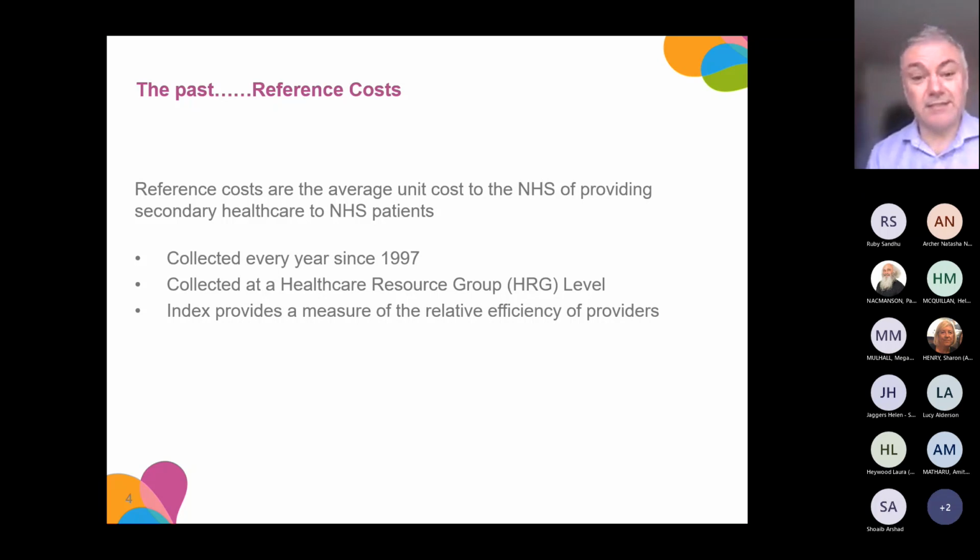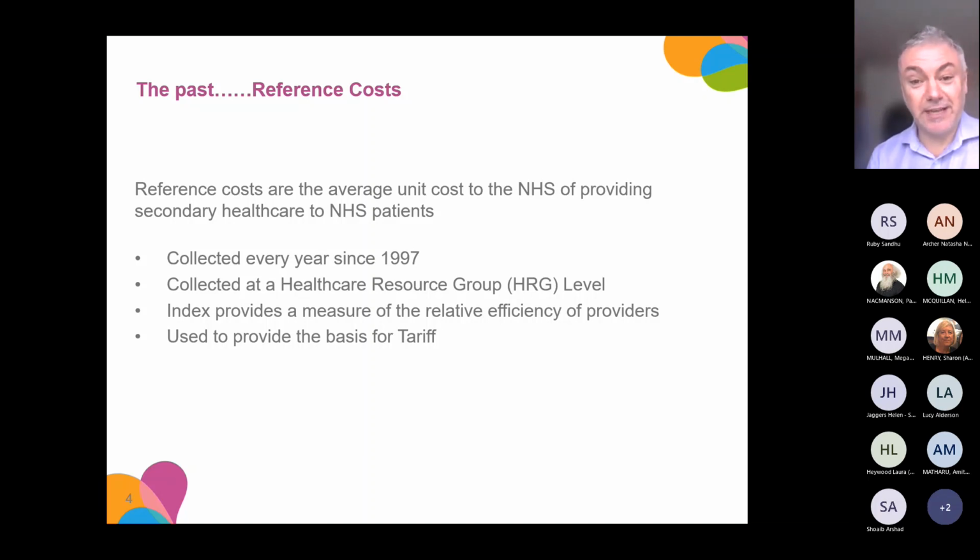But this is the sort of stuff that all goes into the model hospital, and if you've ever seen or used the model hospital, that's where you get the opportunity figures from. Anything that's over 100, there is an opportunity to bring it down to 100, the national average.